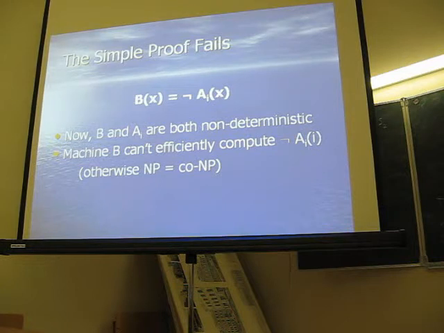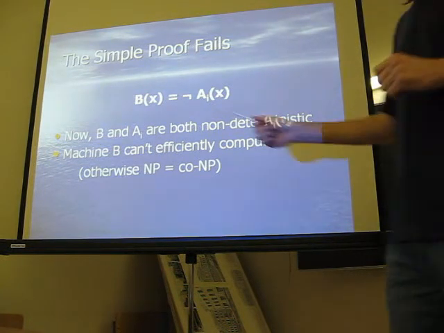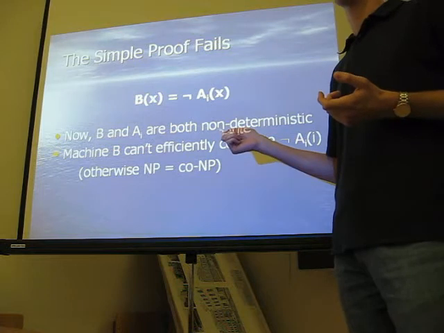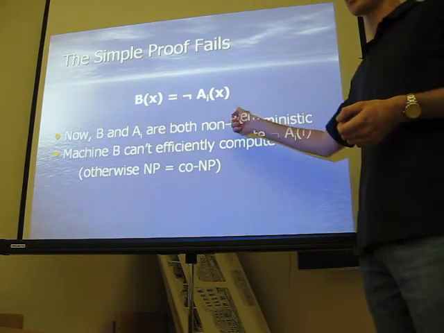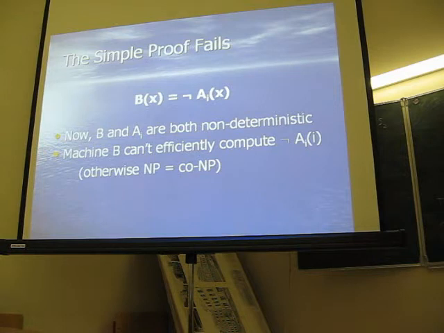Why can't we do it for non-deterministic computations? Well, now A_i is non-deterministic. And this means that we don't know how to simulate it and output the opposite answer efficiently. If we knew, then this would imply that NP is equal to co-NP. So it's not possible to do it efficiently, and this is why that simple idea doesn't work.